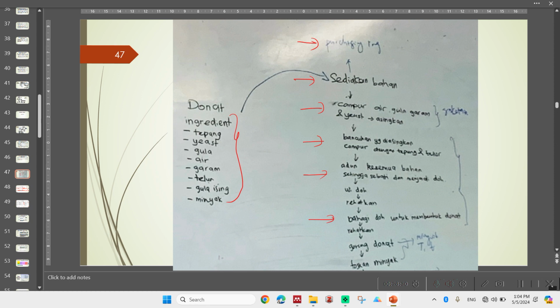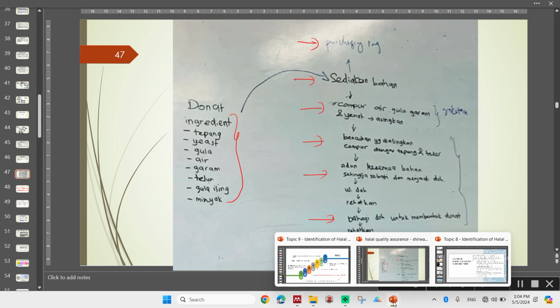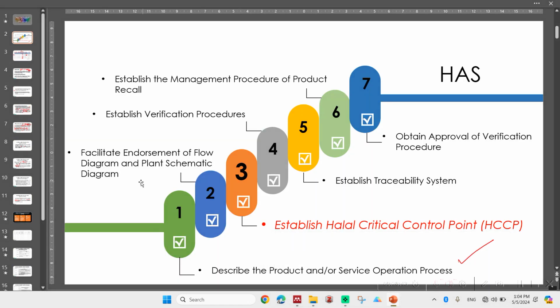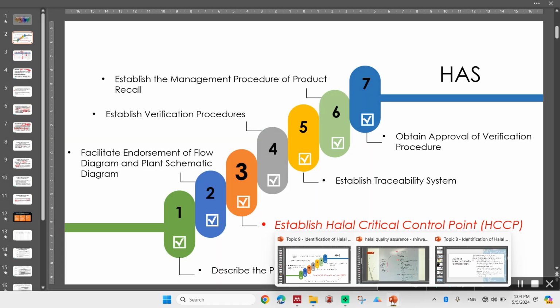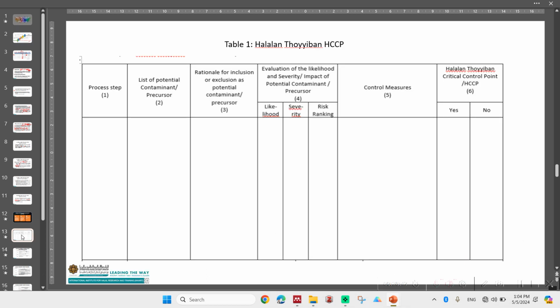We will have a specific discussion on this. Perhaps I will change it into English later on. This is the one that you prepare in stage number 2 of the Halal Assurance System with Dr. Faisal's section. From here, you will convert all these flow steps, we call it process steps, into this table.